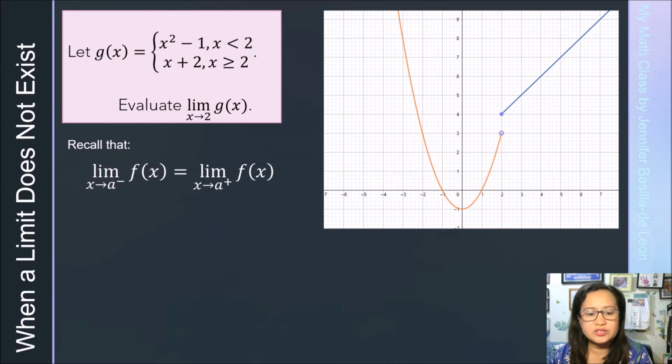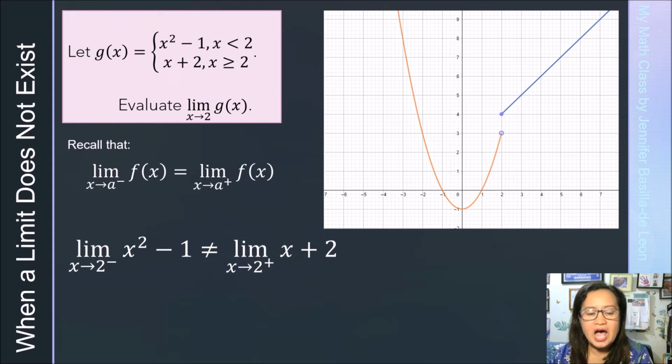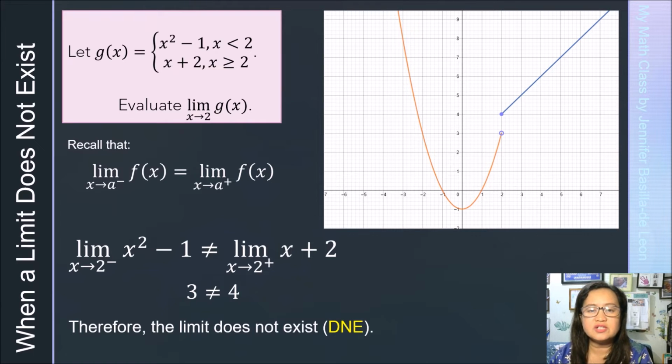On the contrary, the limit of x squared minus 1 as x approaches 2 from the left is not equal to the limit of x plus 2 as x approaches 2 from the right, because 3 is not equal to 4. With this, we can conclude that the limit of g of x as x approaches 2 does not exist.